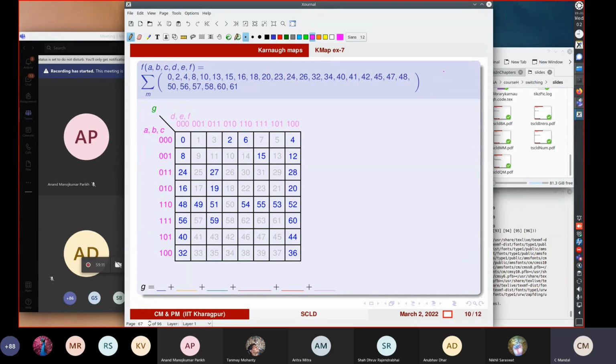I mean, you can keep on expanding the map recursively by adding variables. But it gets unwieldy. Anyway, so this is another example. Why don't you just try to work this out? No don't care terms here. So I'll give you a few minutes.